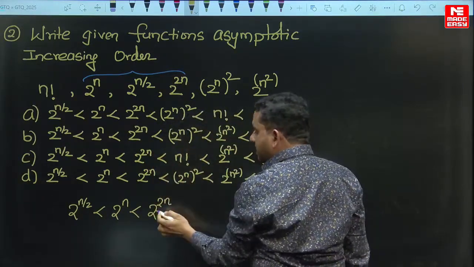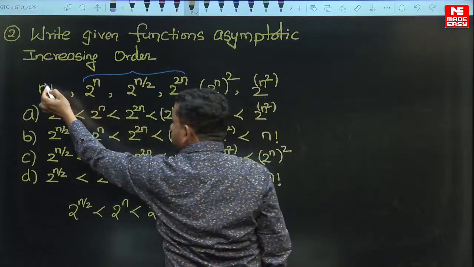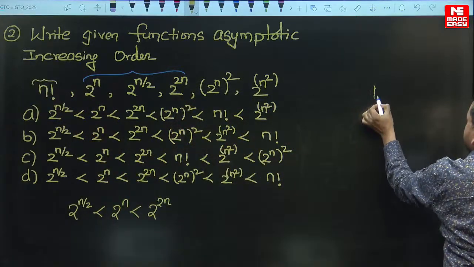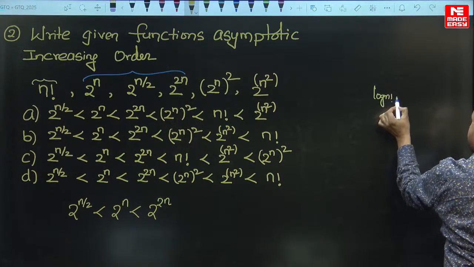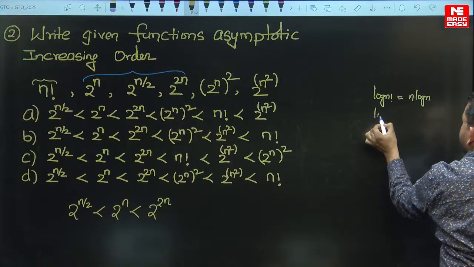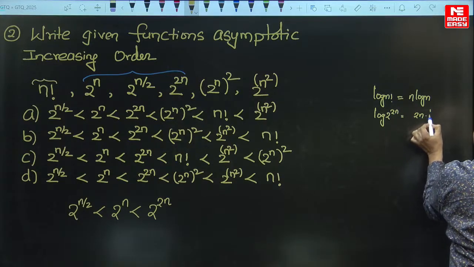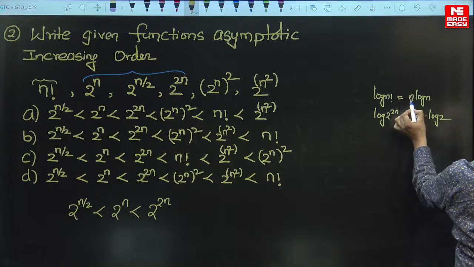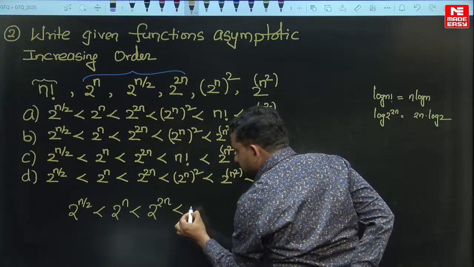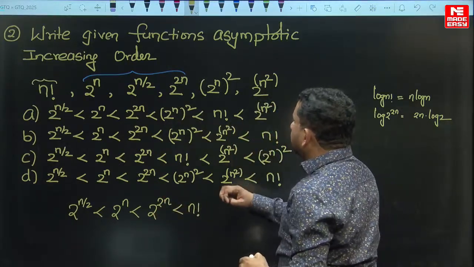If you apply logarithm to 2 power 2n, it is 2n multiplied with log 2, and log n factorial is n log n. So log n factorial is bigger than log 2 power 2n, which means n factorial is asymptotically bigger than 2 power 2n.